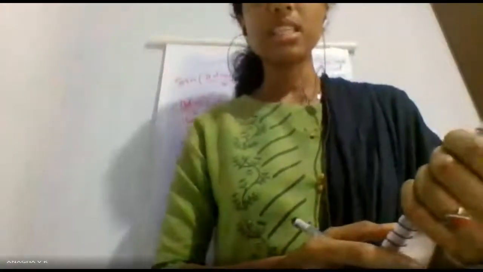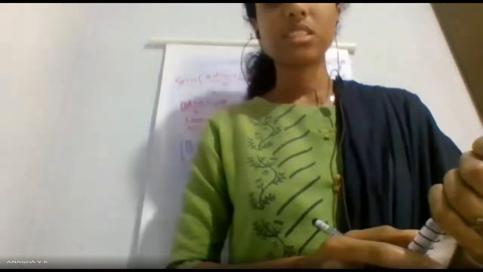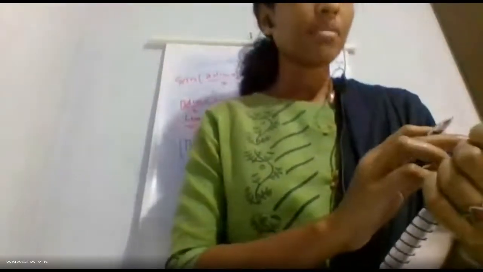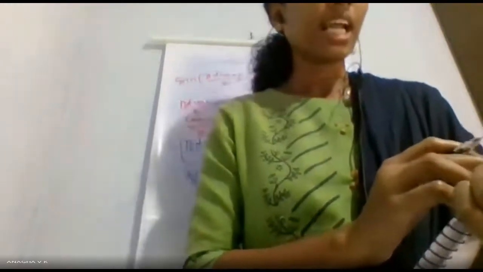Roll number 20, present. Okay, so absent are 6, 11, 12, 18 and 19.